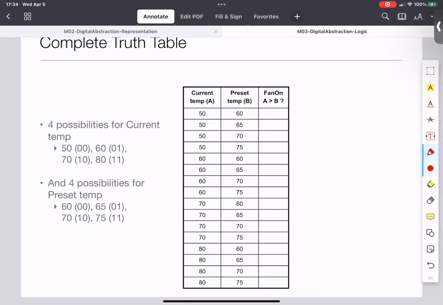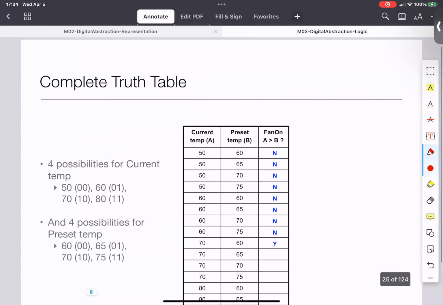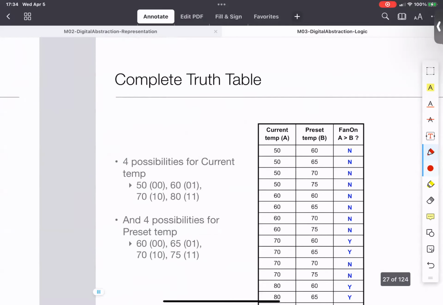So for the truth table, the idea is that we list all possible input patterns that can occur, and then for the output, in our case, there's only one output, and it's a 1-bit output, right? Fan on off, 1 0. I list all those possibilities, so I can fill it out. So I'm just going to sweep through these.